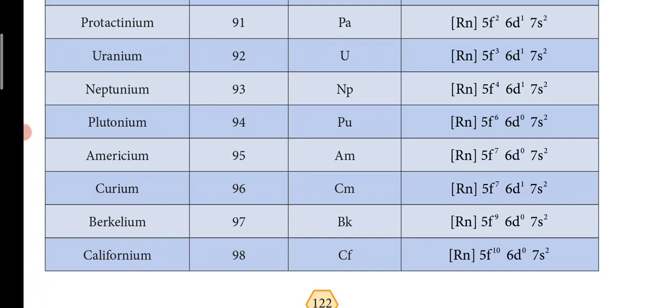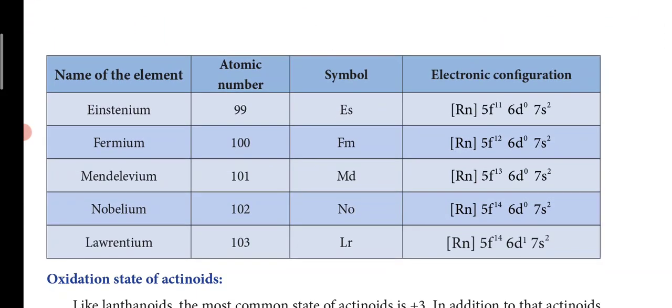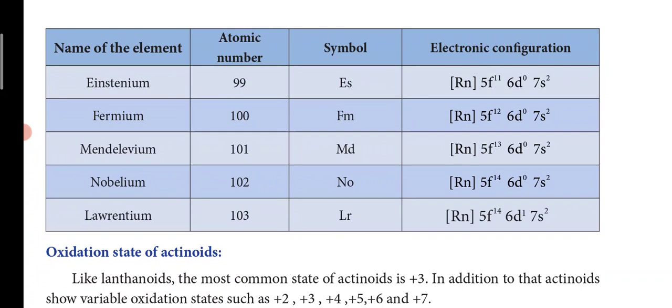Californium 98, Cf. So those are the first 9 elements. The remaining elements are given here: einsteinium, atomic number 99, fermium 100, mendelevium 101, nobelium 102, lawrencium 103.